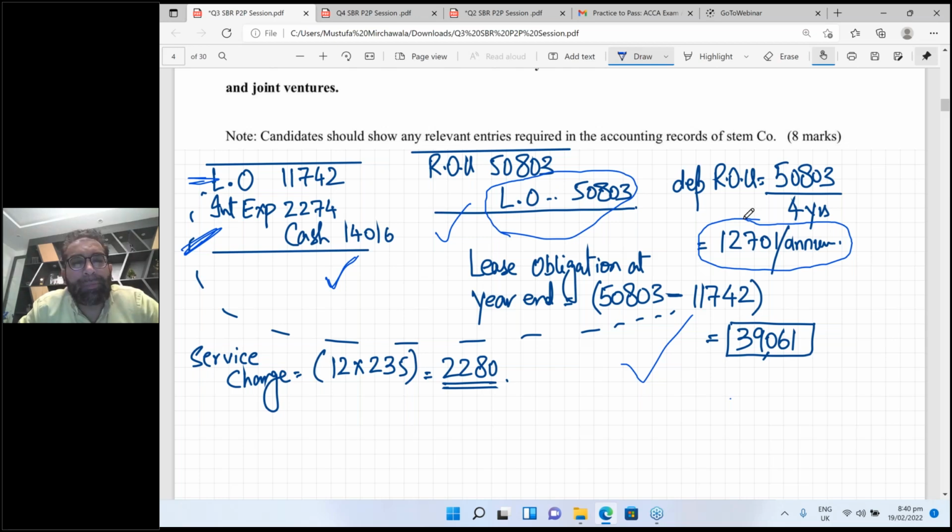Now, one more thing. As a student, you may ask, sir, what will go in the PNL? Listen. In option number one, interest expense 2274 will go in the PNL, depreciation expense 12701 will go in the PNL, and service charge 2280 will also go in the PNL.